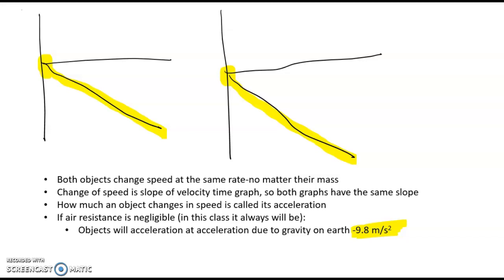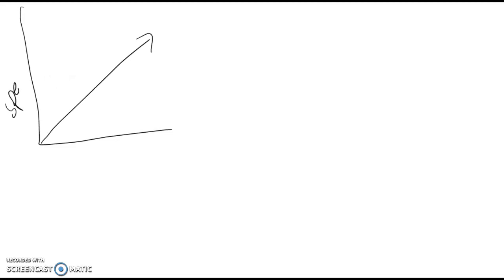Remember, speed is just velocity where direction doesn't matter. So our speed graphs are going to look very similar, but instead of going down, they're going to go up. So if an object is dropped from rest, it's going to speed up as it falls. So its speed graph is going to look just like that.